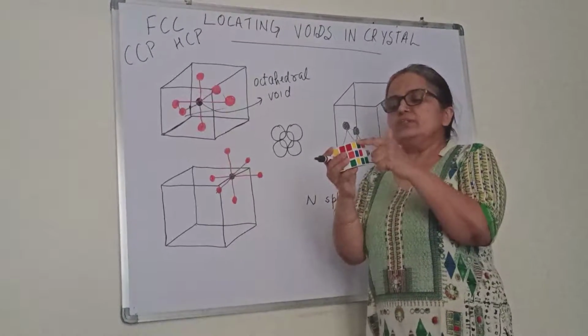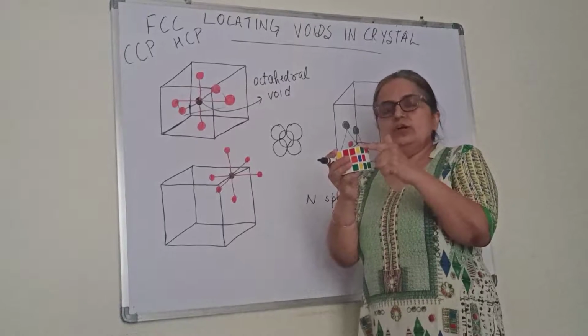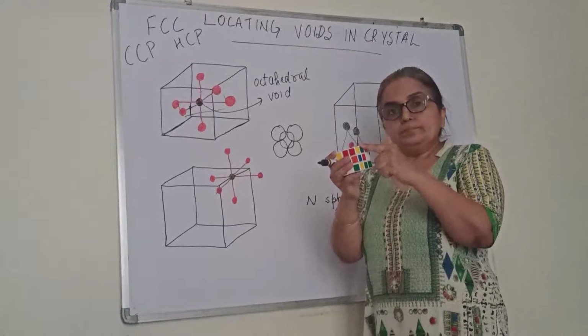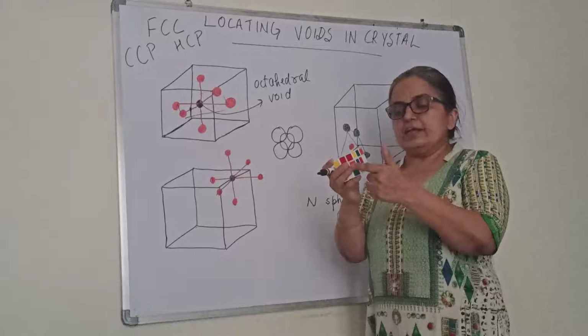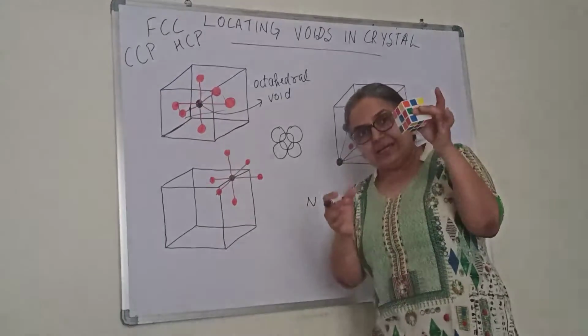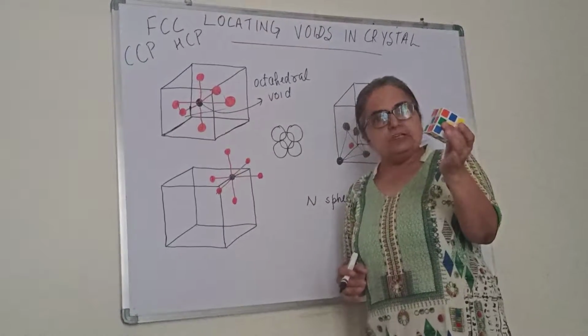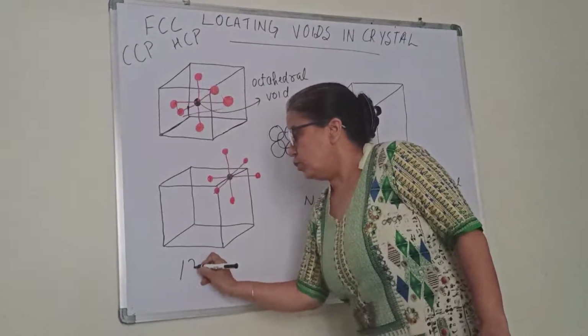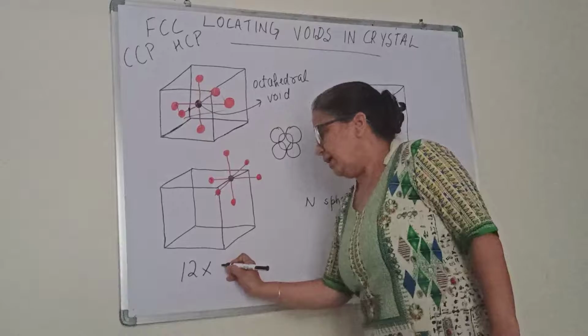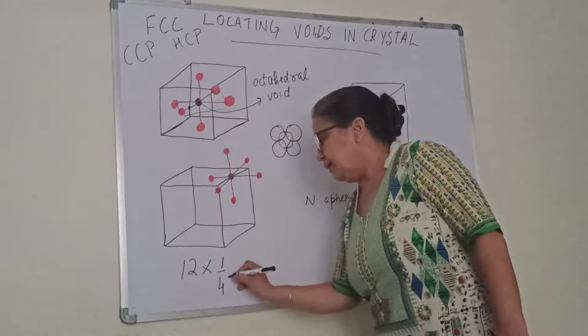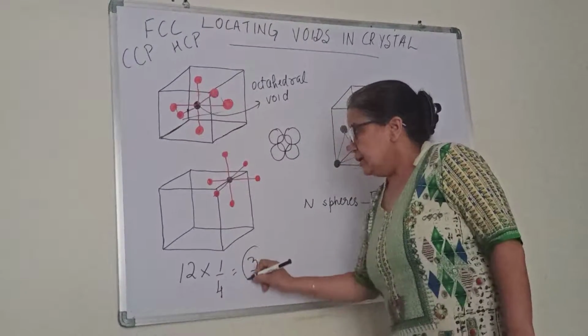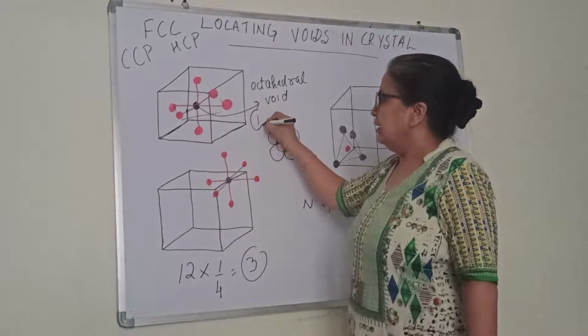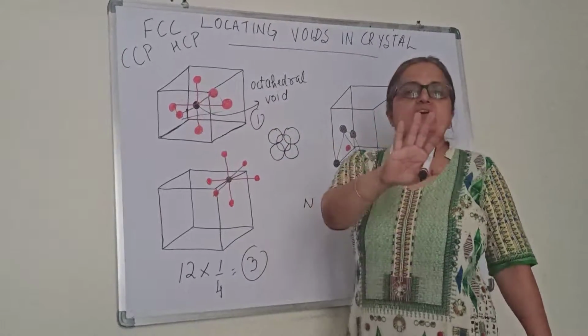Suppose I take this edge, there is one void, another void, next void, next void. How many edges are there in a cube? 12 edges, children, and each edge contributes how much? 1 by 4. So 12 into 1 by 4 means 3. So 3 here and 1 here, put together 4 voids.